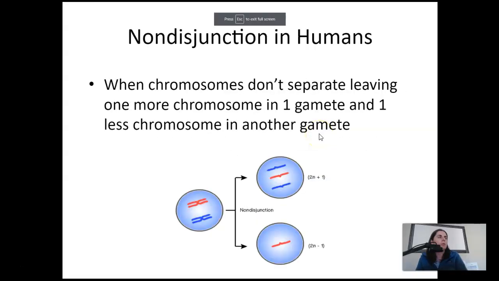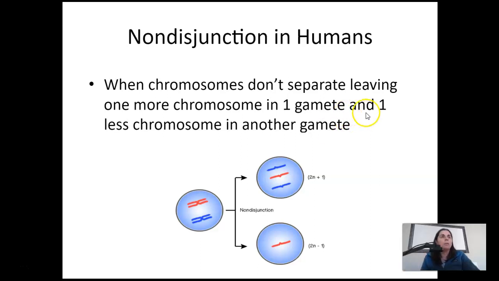Okay, so what we're going to do for this one is we're going to actually copy some stuff down in the circles, and I'll show you in just a second. So when chromosomes don't separate, leaving 1 more chromosome in one gamete and 1 less chromosome in another gamete, that's when you have non-disjunction occurring. So this is part of meiosis where they would separate, and then we would have our alleles come off, like we would put the gametes on the outside of our Punnett square.